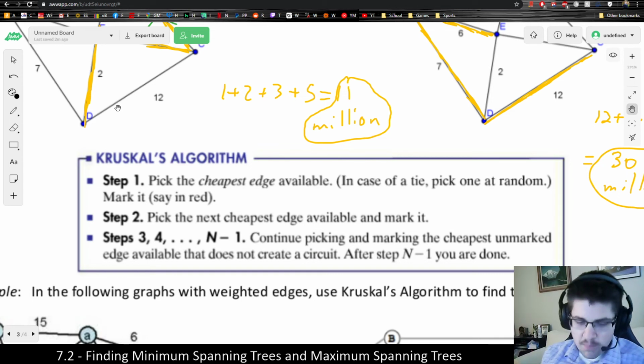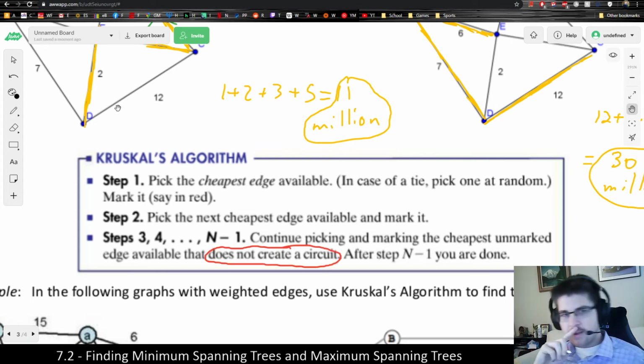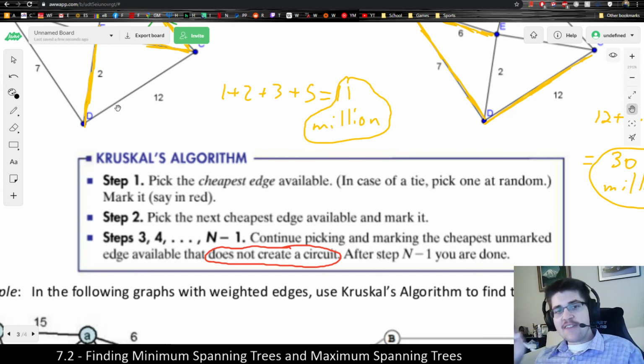So there's one important thing that you have to pay attention to when you're using Kruskal's algorithm. Basically, pick the cheapest edge, pick the next cheapest edge, and so on. You're never allowed to make a circuit, because when you're forming a spanning tree, circuits are not allowed because it's a tree. So in order to keep a tree, we're always picking the cheapest edges but never allowing a circuit. And what's very nice about this algorithm is it's guaranteed to give you the best solution, unlike the cheapest link algorithm.